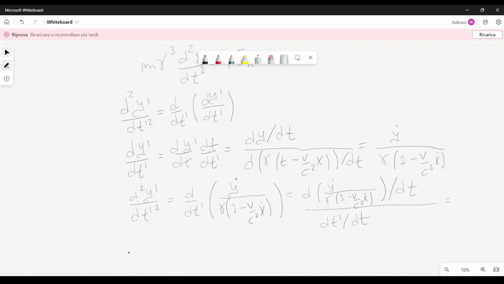This is equal to 1 over gamma times 1 over (1 minus v over c squared x dot), like this.